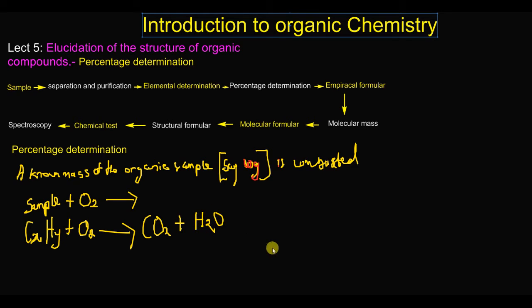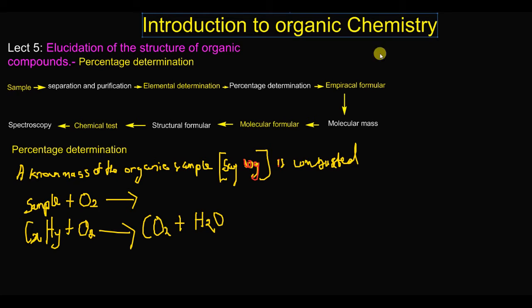You convert everything. Very, very simple thing to get. So once you do that, you have combusted the known mass of the organic sample. Here, remember the mass of the sample we used was W grams. Let me go back.